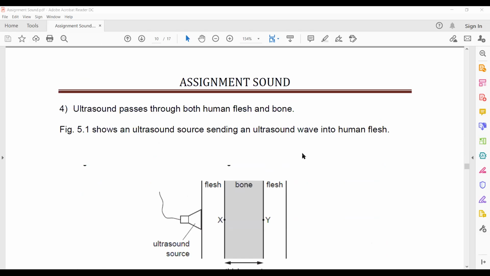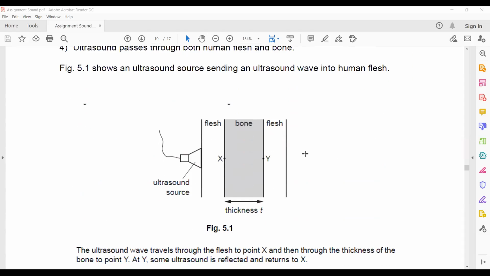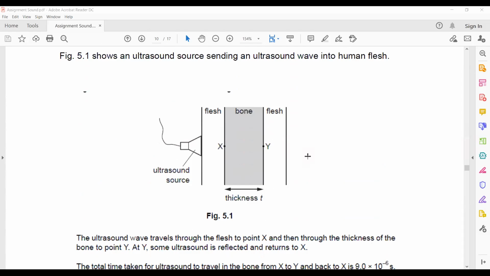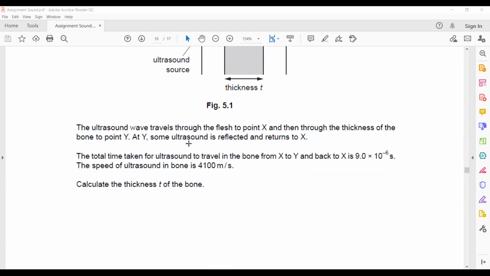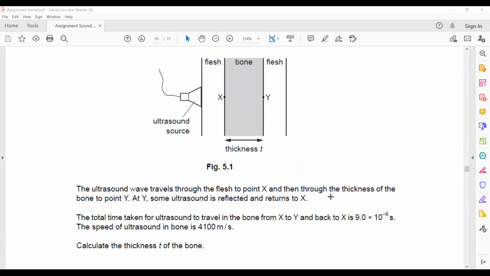Ultrasound passes through both human flesh and bone. The ultrasound source sends a wave into human flesh. The ultrasound wave travels to a point X, then passes through a thickness and is reflected back to X. What happened? The sound travels and then bounces back.